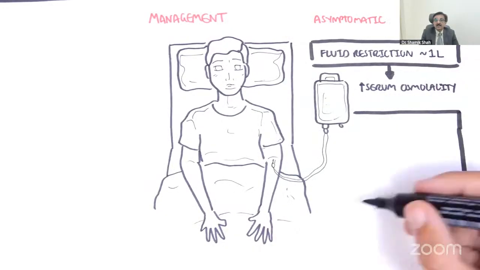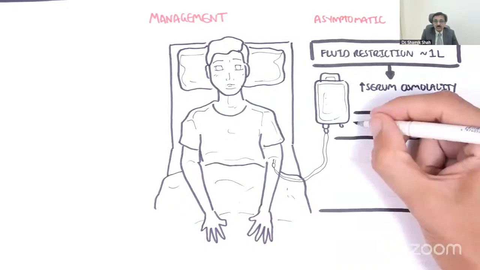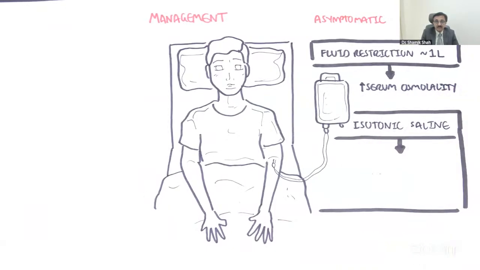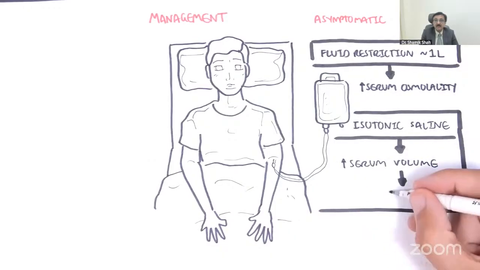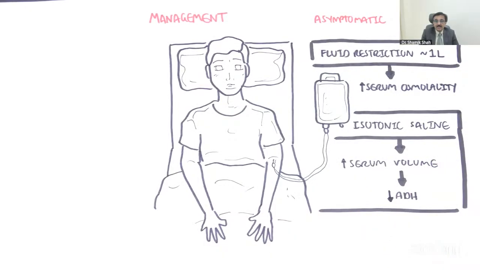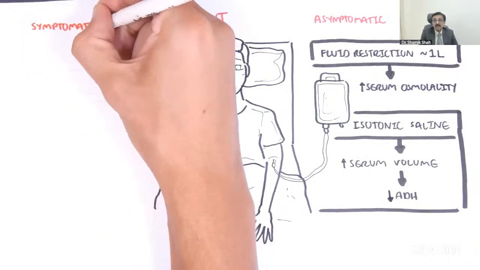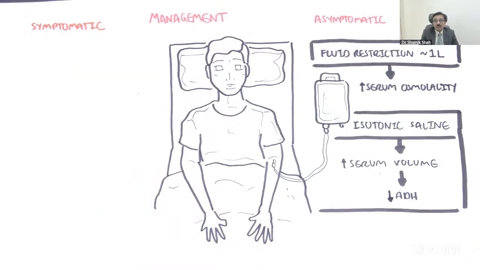However, when the patient is more symptomatic, they might require an isotonic saline, which will increase the serum volume and ultimately will suppress the ADH.